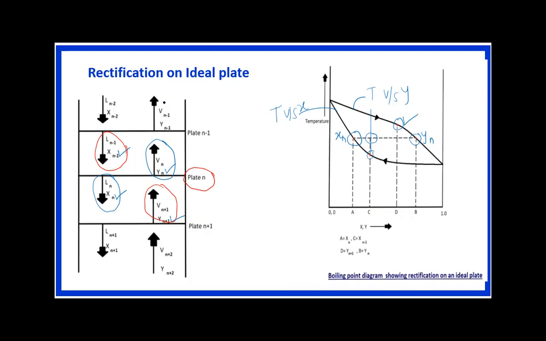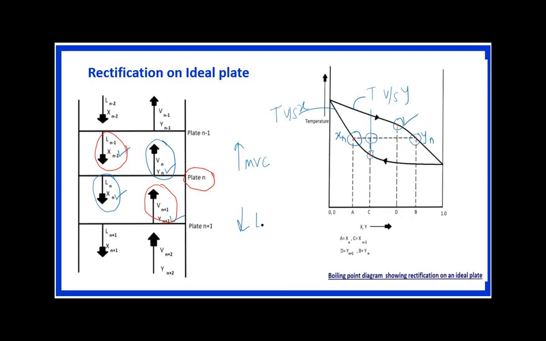When these vapors are going in the rectifying section or the above section, these vapors increase the composition or concentration of MVC, and in the reverse direction, as the liquids are going towards the bottom side, the LVC rich components are there. When we are moving in the upward direction, MVC rich components are normally in the vapor phase.